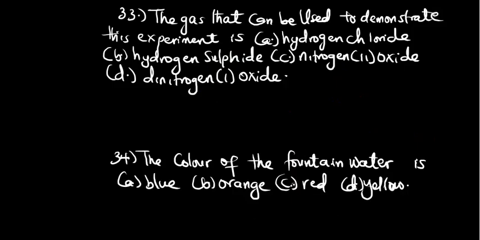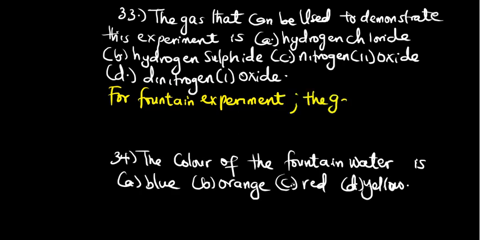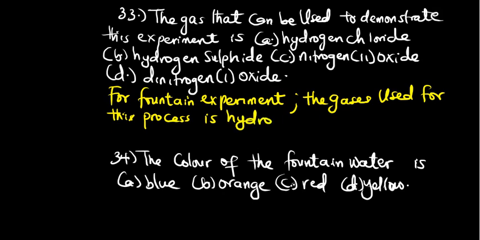So for fountain experiments, the gases used are hydrogen chloride, or ammonia, or SO2.